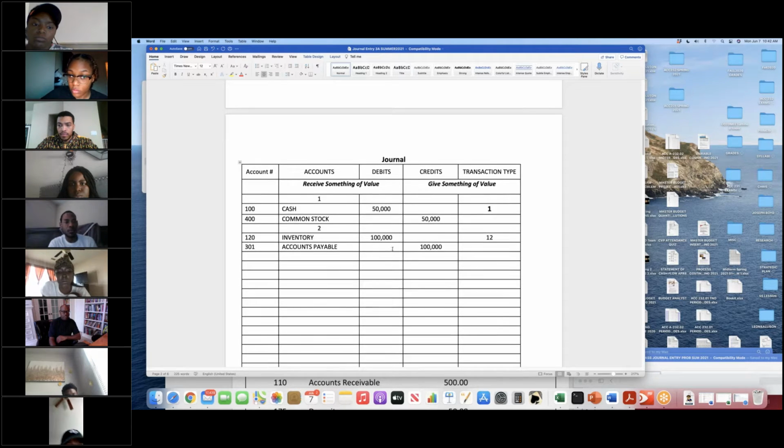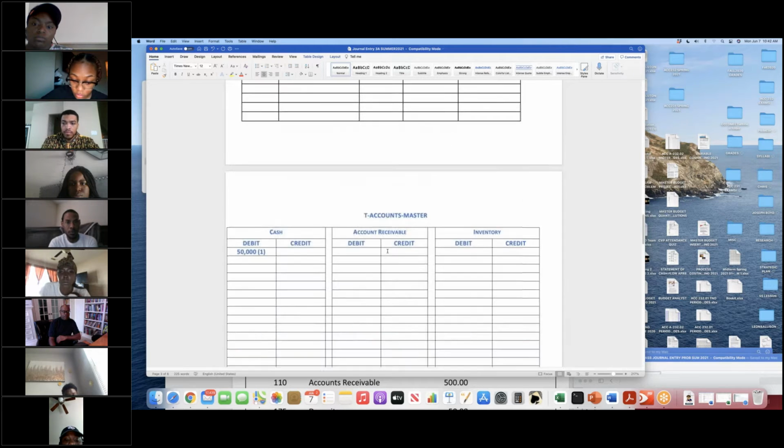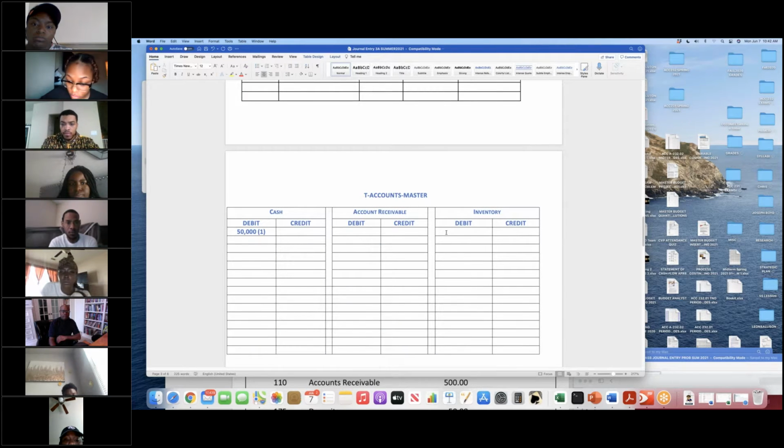Now let's post this transaction. So we're going to go to inventory, and we're going to put it on the debit side because it was on the debit side in the journal entry.